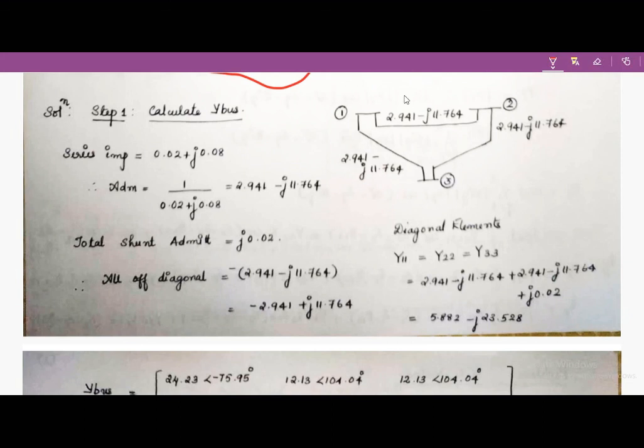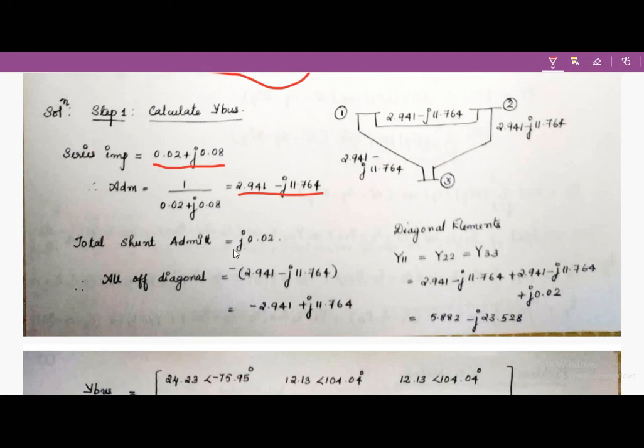Now, this is our particular bus. Here the value of impedance was given, 0.02 plus j0.08. 1 by that will give you the admittance. That admittance is marked over here. Fortunately, all the lines have the same value of admittance. Then, one more thing is given.